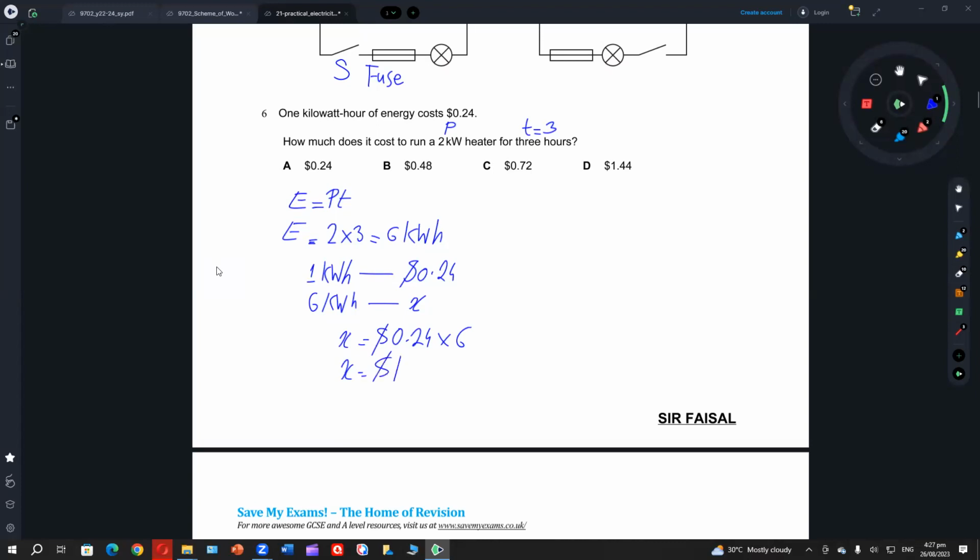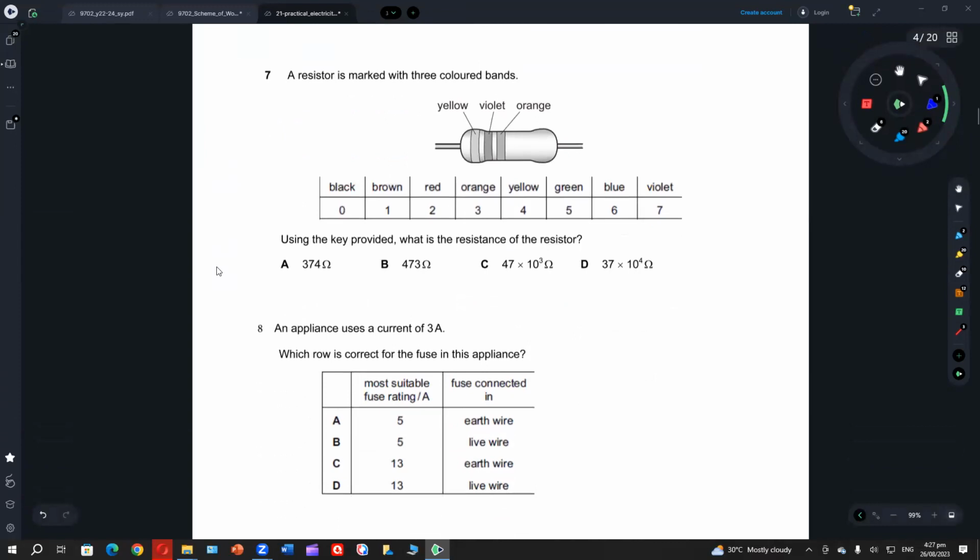You're taking a lot of time to do a calculation. Please do it quickly. Exams, MCQs are quick answers. But anyways, I have done it.